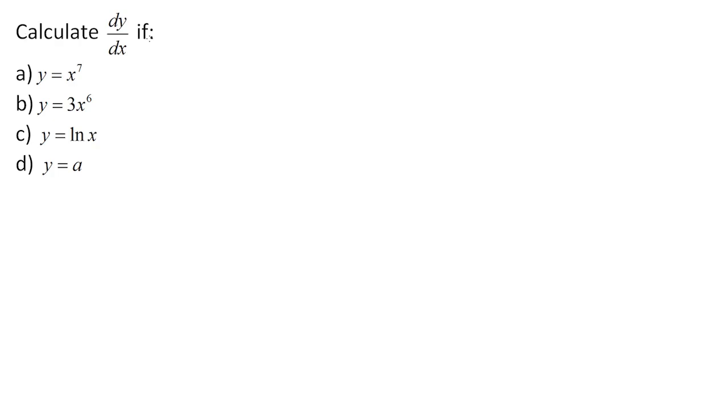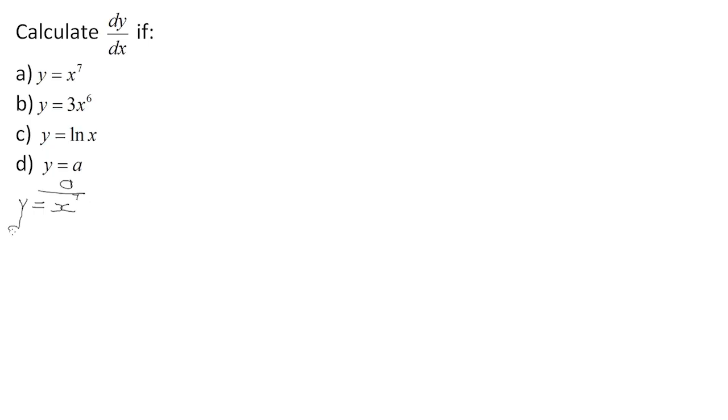Calculate dy/dx if, number A, y is equal to x to the power 7. In other words, that is a power. Immediately when you look at that one, you look at formula number 5: d with respect to x of x^n is equal to n x^(n-1). Let's look at A. y is equal to x to the exponent 7.